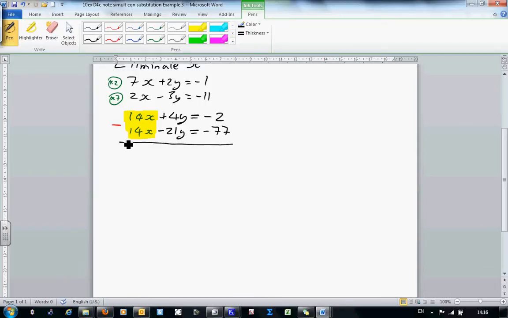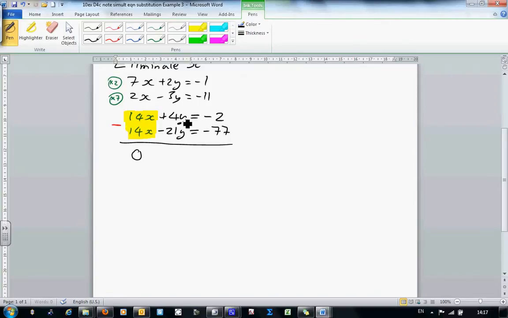That's why we did it. Now be careful with this step. Top line is 4y. So 4y subtract negative 21y. Well, obviously we've got two negatives here. So this will be 4y add on 21y, which is 25y. So be careful with that.